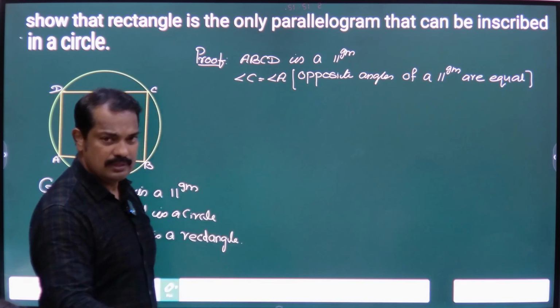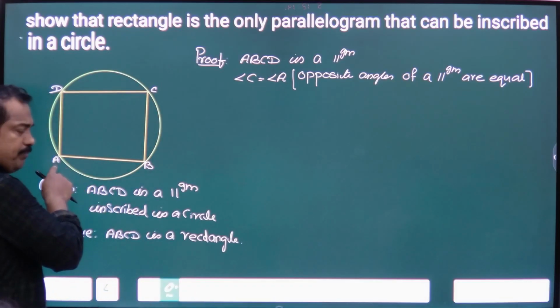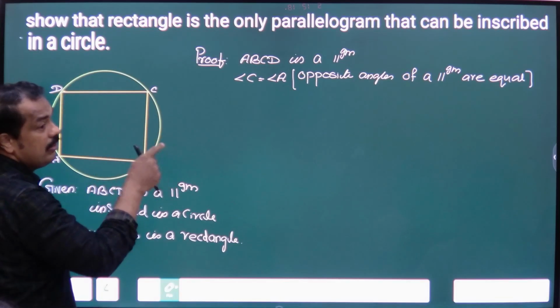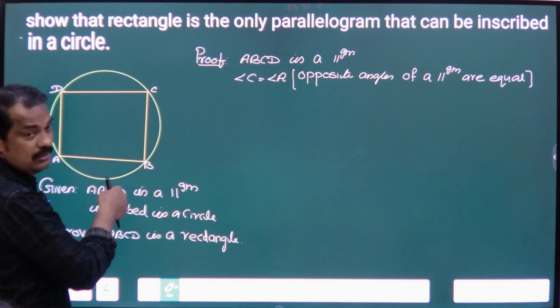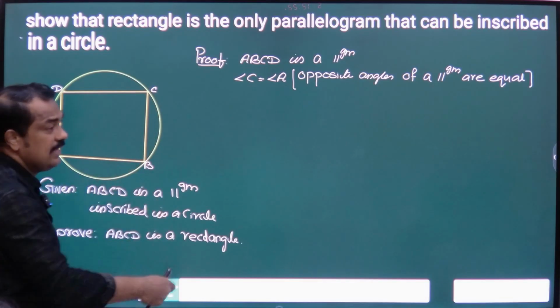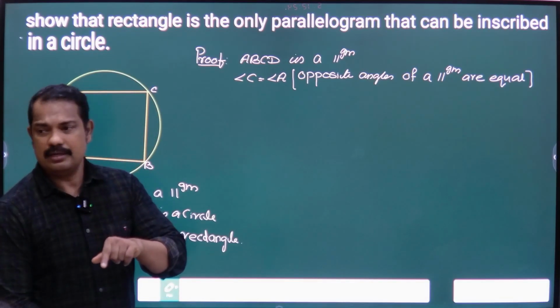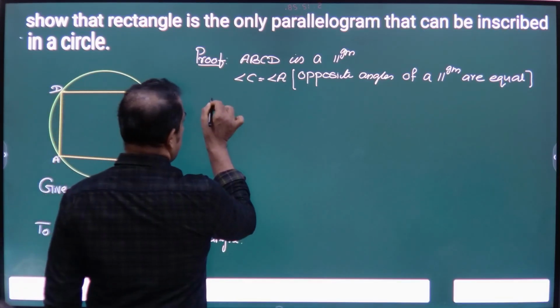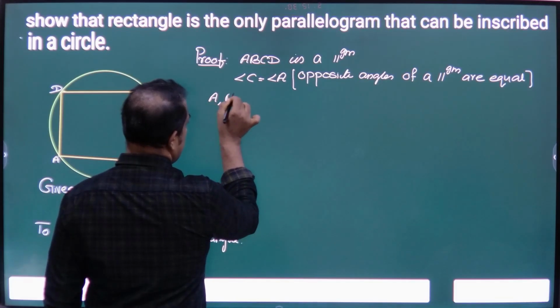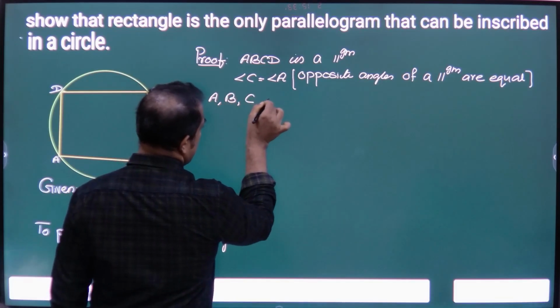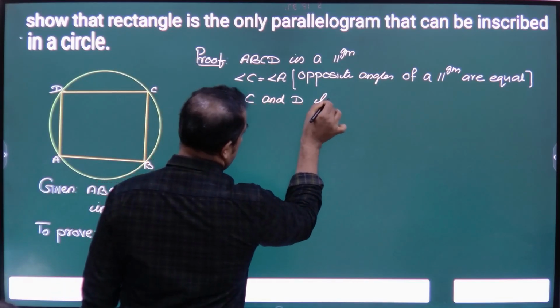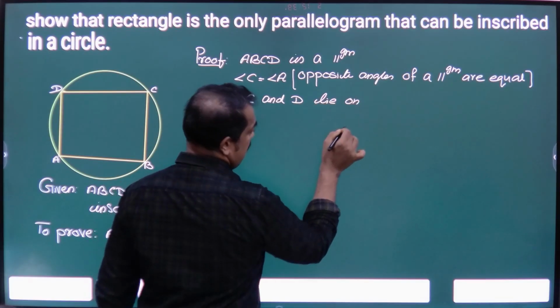Now listen. A, B, C, D lie on a circle. Therefore, ABCD is a cyclic quadrilateral.